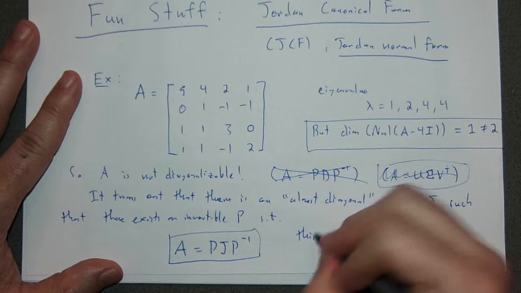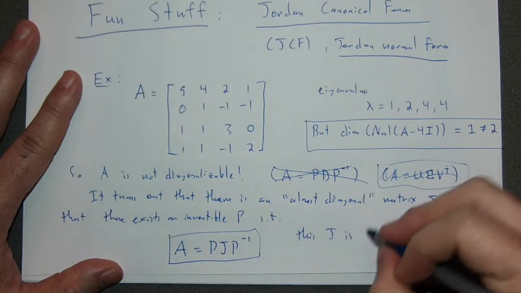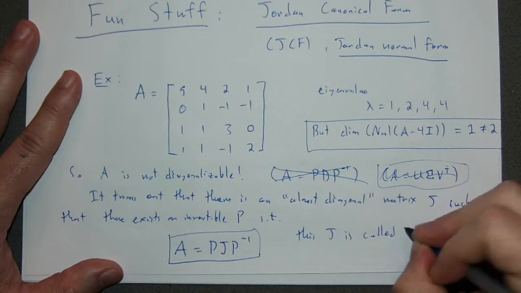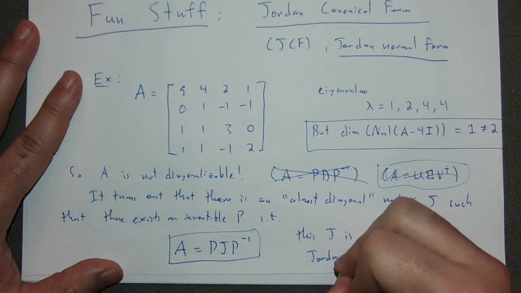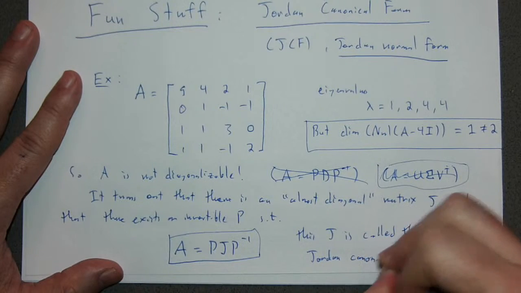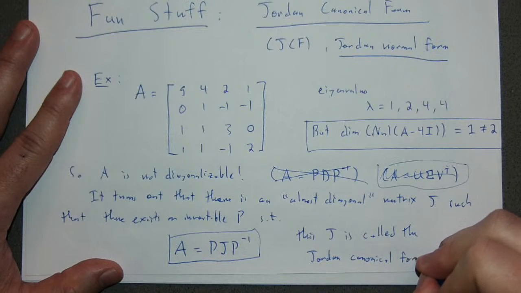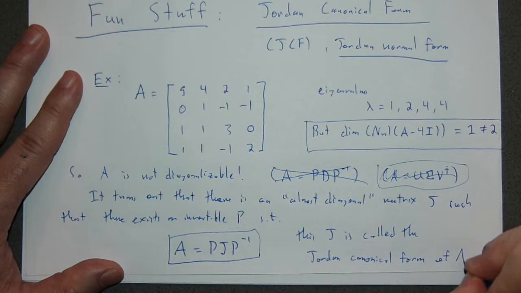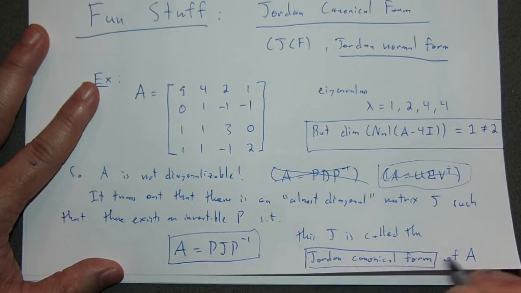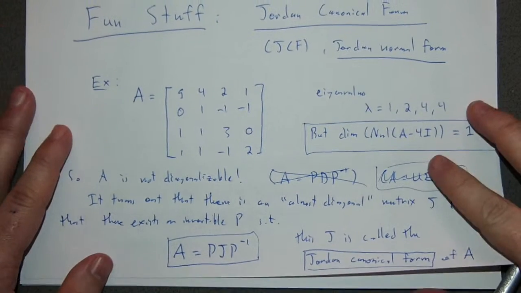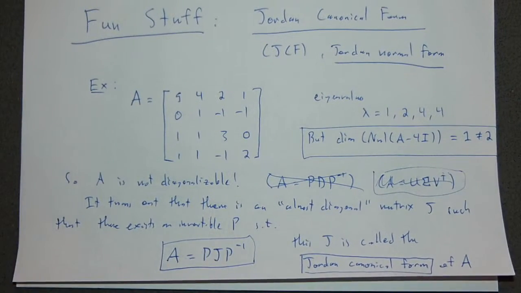This J is called the Jordan canonical form of A, or JCF. And there are Jordan canonical form calculators that you can use for some matrix.